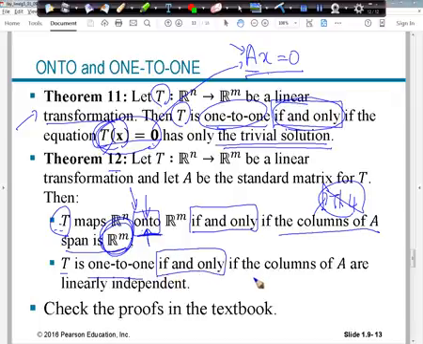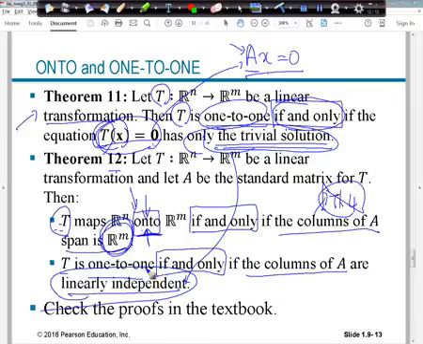This is equivalent to the case where the columns of A are linearly independent. So it only has a trivial solution, meaning we have no free variable, and this is the same as the linearly independent one. Right? Okay, so it says check the proof in the textbook.